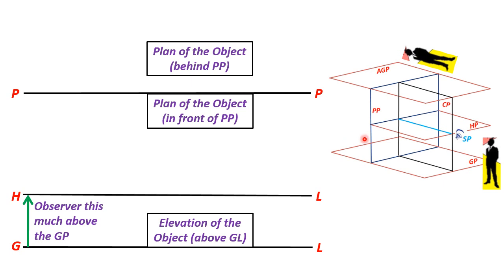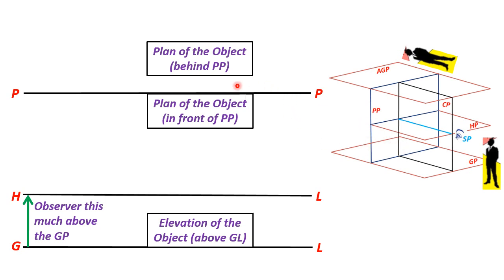The object may be placed behind PP. If it is behind PP, the plan of the object is above the PP line, or if the object is placed in front of PP, the plan of the object will be below the PP line.